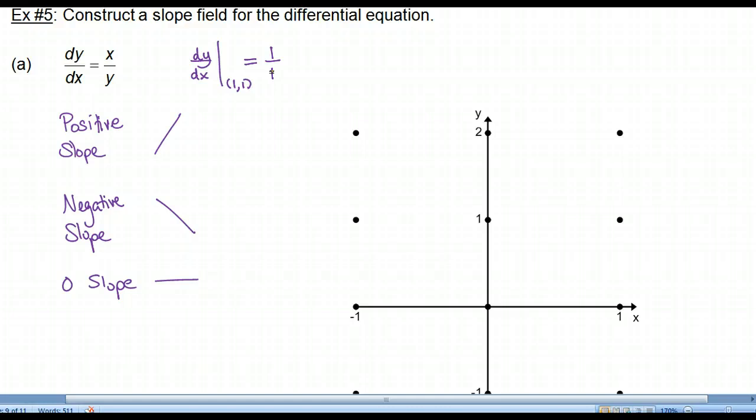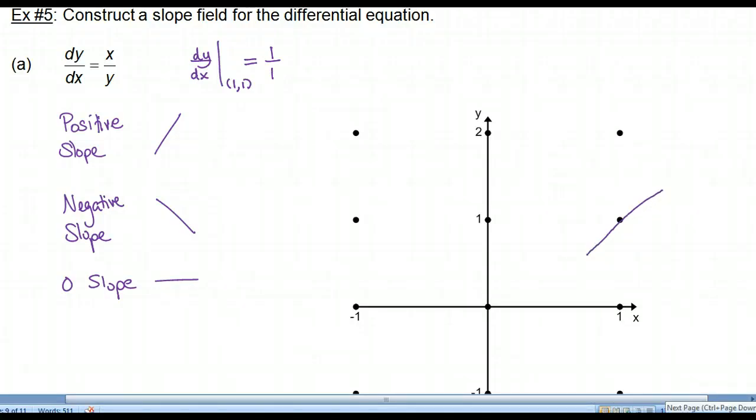So at (1, 1) the slope is 1. We're going to make a real small segment and make it look like a slope of 1. That's an equal amount of rise over run. So just through the point, we're going to go like that.